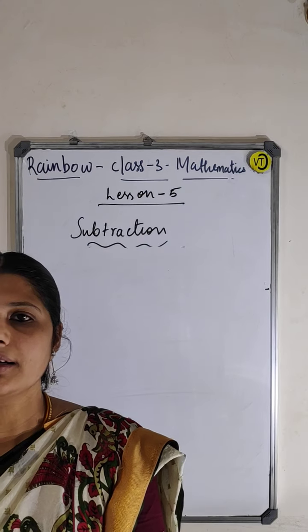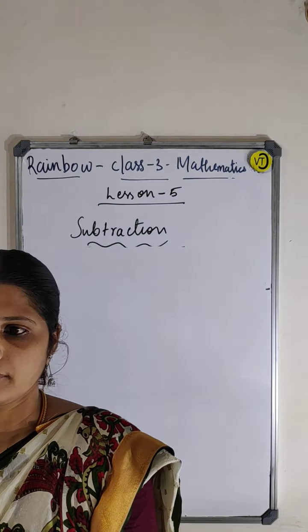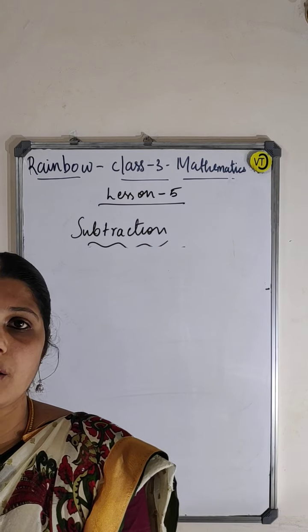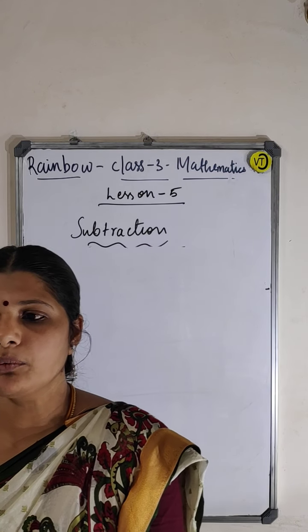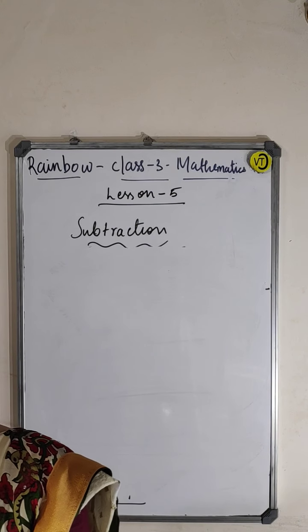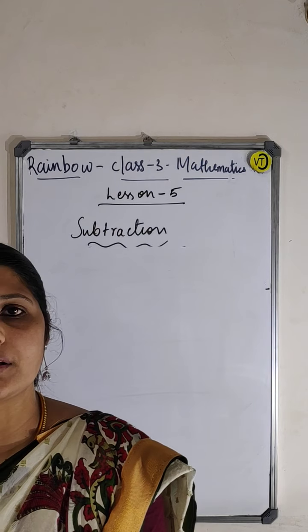See, Tina read 123 pages of her storybook. If her storybook has 300 pages in all, how many more pages does she need to read to complete the book? What are they telling us? Tina read 123 pages.